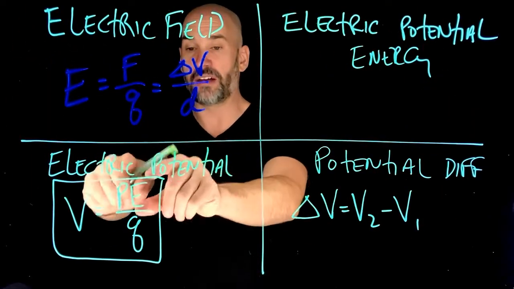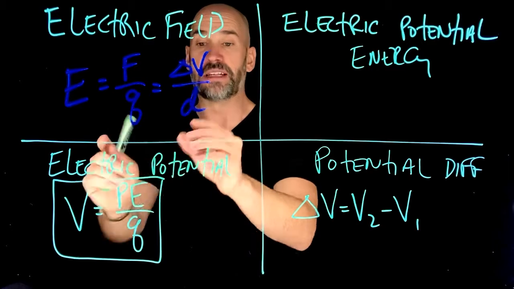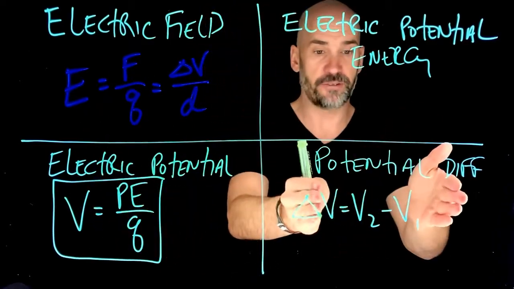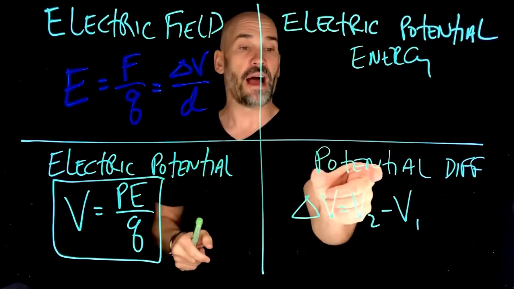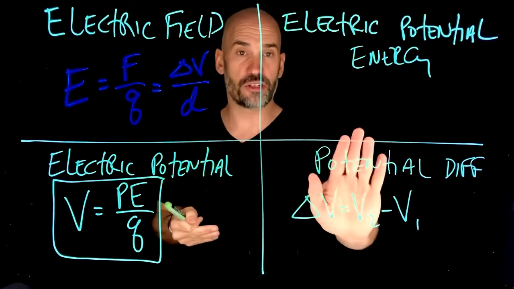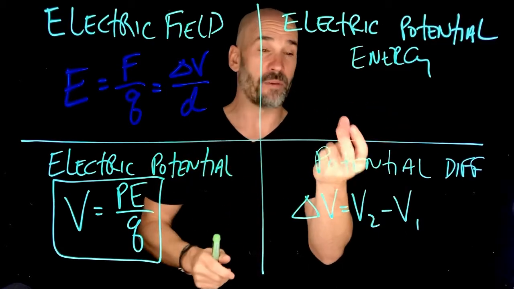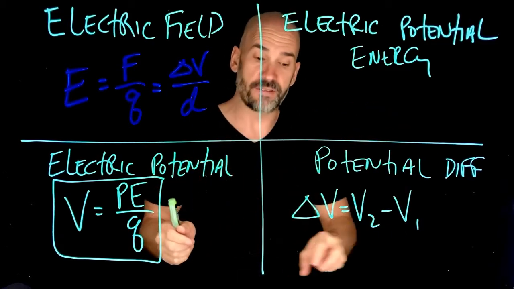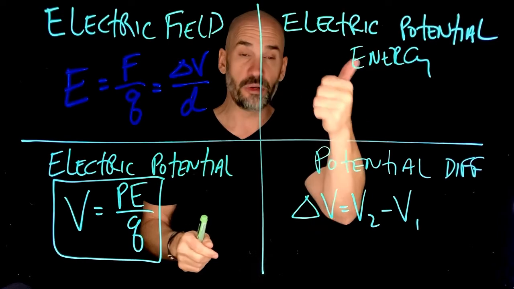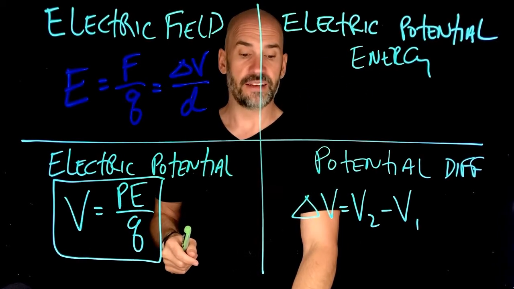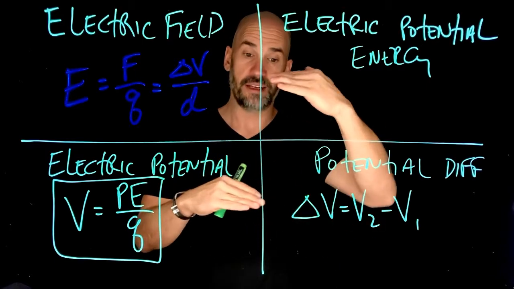You would calculate this for one point in space. But the difference between those potentials at two different points in space, that's the potential difference. That gives rise to driving charges from one place to another. That is the motive force inside of a battery that pushes electrons from one side of a circuit to the other. Its unit is still V. It is also a scalar, and it is analogous to the change in height in mechanics.